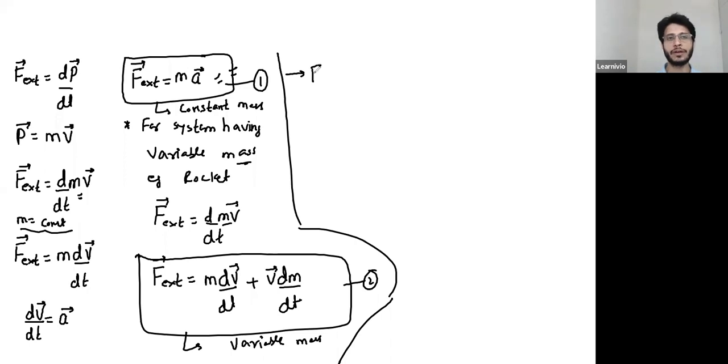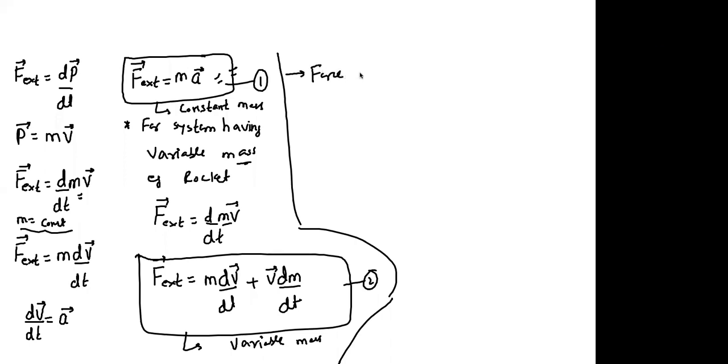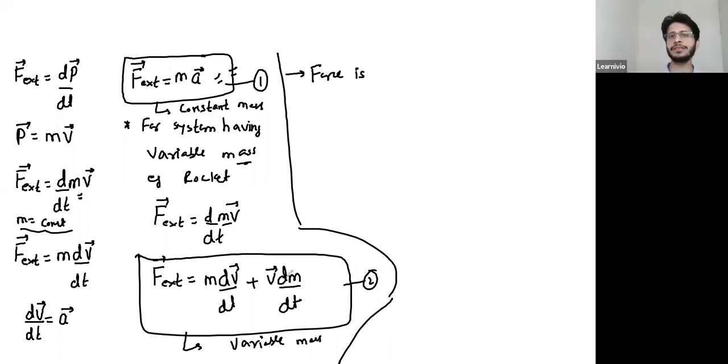Now, force is a vector. Sir, in the second one you have written V into dm by dt. Then how are we going to calculate dm by dt? dm by dt is the rate of change of mass.